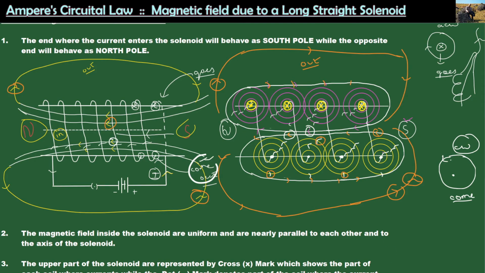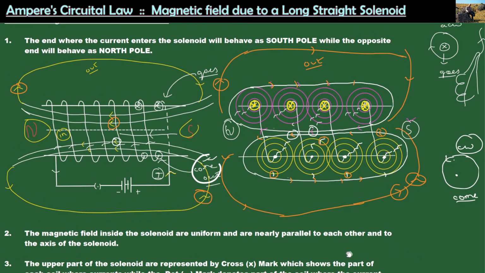So these are some of the important points that we need to know. Keep in mind that the end where the current enters will behave as the south pole, and the opposite face will behave as the north pole.